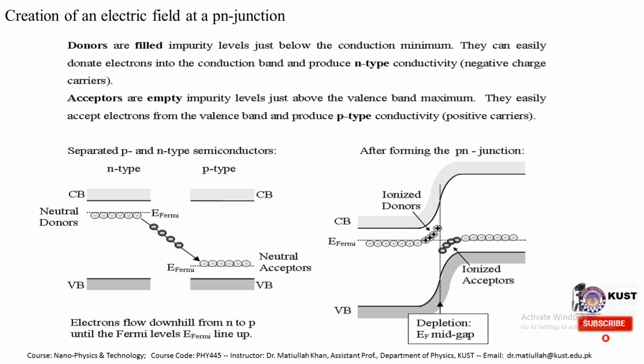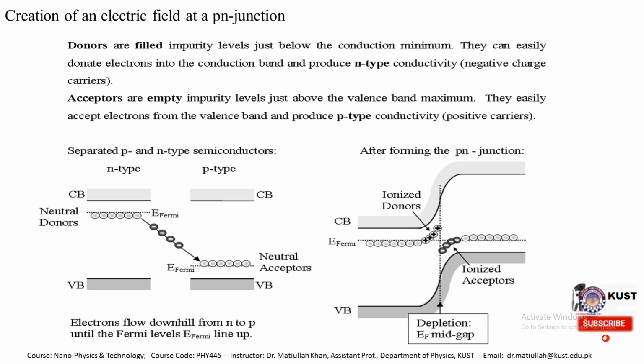So here we can see how these electrons or charges migrate when n-type and p-type materials are brought in contact with each other, creating the forbidden regions. Initially the separated n-type and p-type semiconductor materials are shown, and finally after forming the p-n junction, the depletion region is shown, which is created due to the transfer of charges.